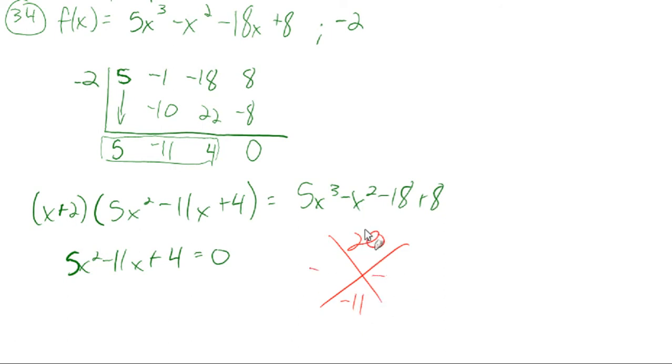What multiplies to make 20 and adds to make negative 11? We got 10 and 2, that's not going to work. 5 and 4, that's no good. Let's see. Let's make sure I've got this right here. Yeah, everything's right. We've tried all the factors.